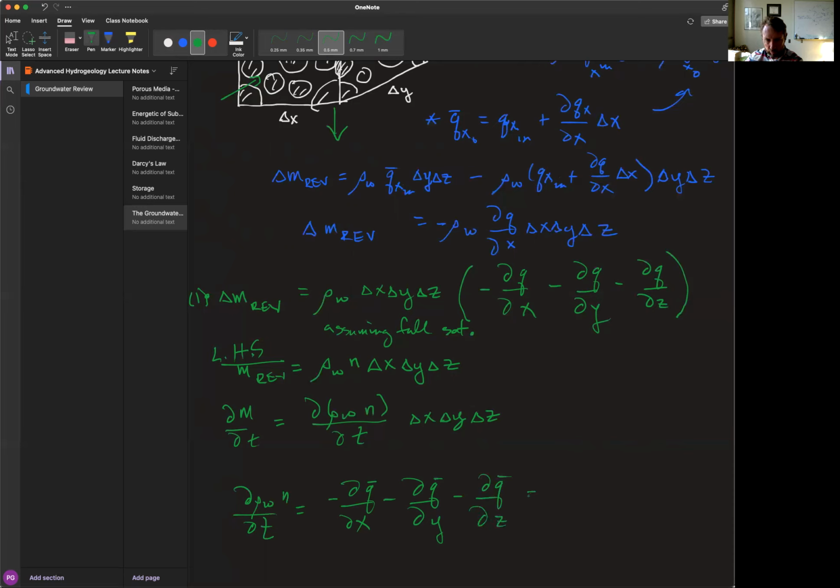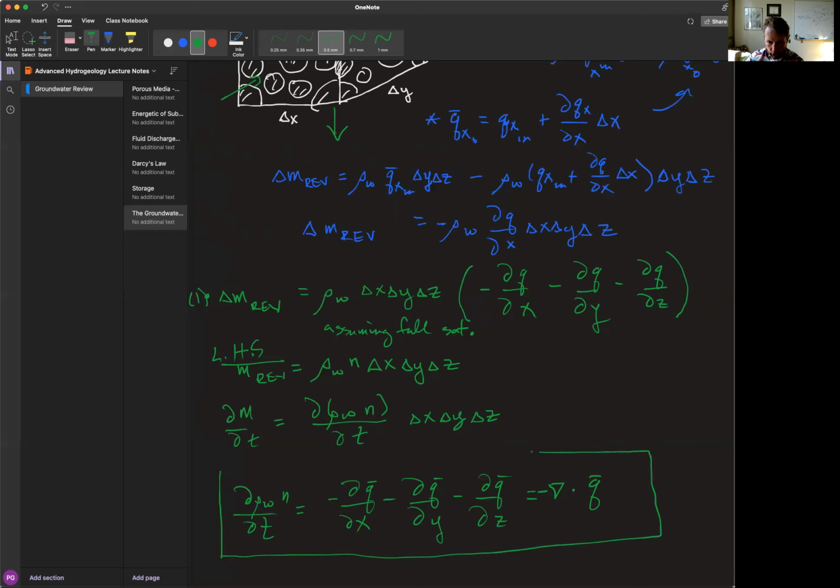And we could simplify that, because we're lazy mathematicians. We don't want to write so much, so we write the negative gradient dotted into the vector field of Q. And this is a very important statement. We call this the continuity equation.